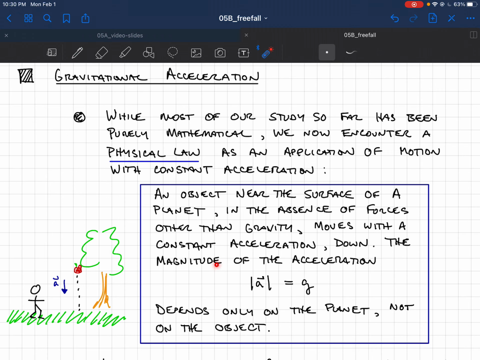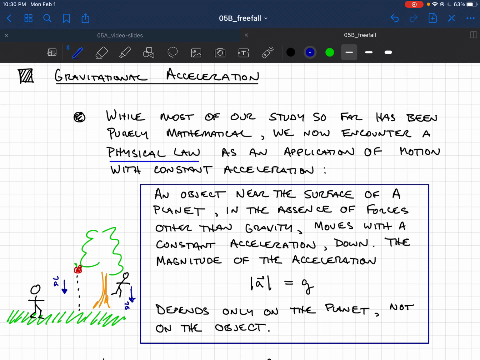To complete the statement of the law, the magnitude of the acceleration, which we usually write with the letter g, and in fact we will normally use g for the acceleration due to gravity on Earth, although you could write g Mars, g Jupiter, depends only on the planet, not on the object. So this apple will be falling with acceleration A, but maybe your little cousin is also falling because they fell out of the tree, and their motion would also be described with the same exact acceleration vector, A, downward.